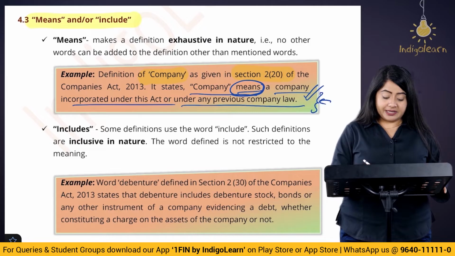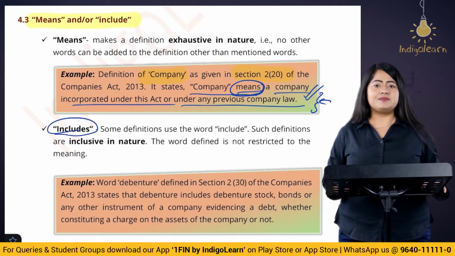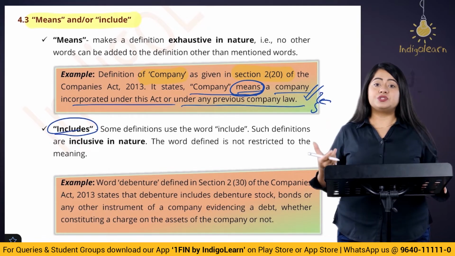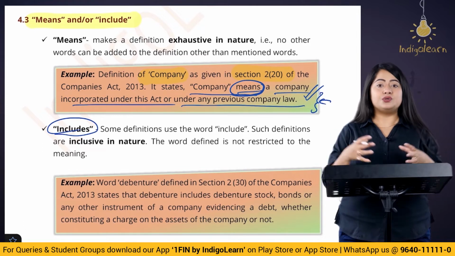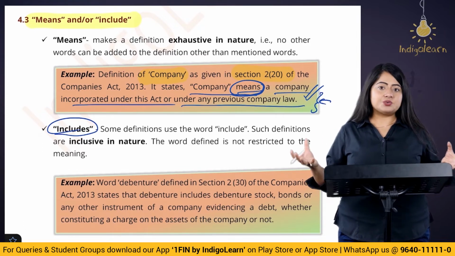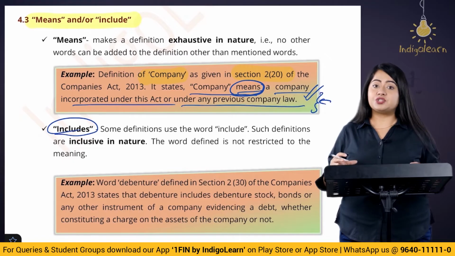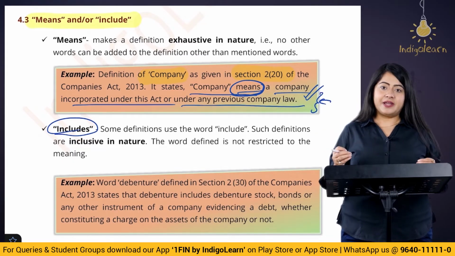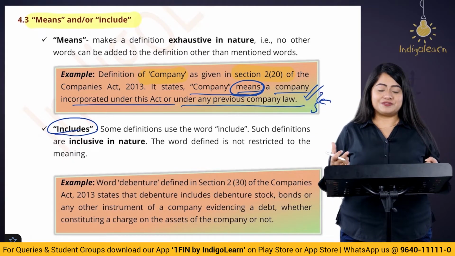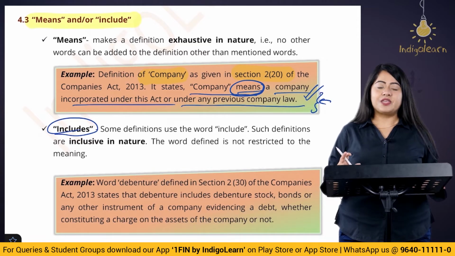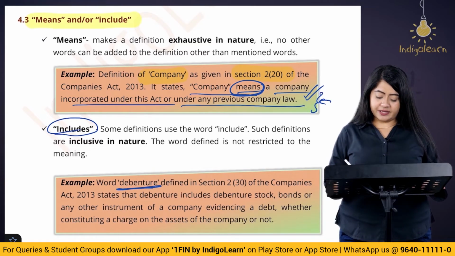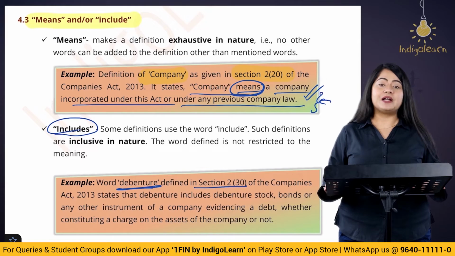Now let's talk about includes. Sometimes in the definition, the word includes is used. This makes the definition inclusive in nature. That means more items which are similar to the words stated in the definition can also be added, right? Let's try to understand this with an example. The word debenture is explained in section 2 clause 30 of the Companies Act.